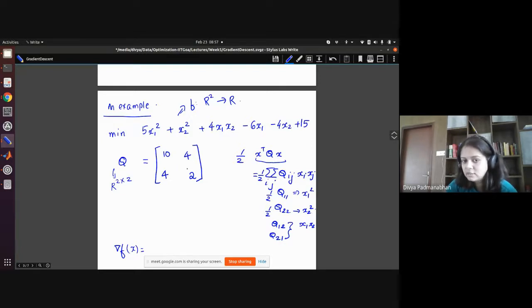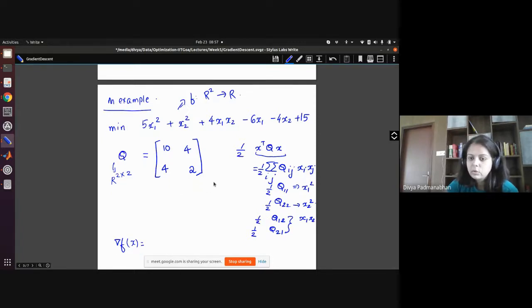Here that's 1, so that's where you get a 2 here. In the other case, the coefficient of x1, x2 is 4. Here there are these two terms, half of this and half of this, so you just divide it between these two, so 4 and 4. That's how you construct this matrix Q.